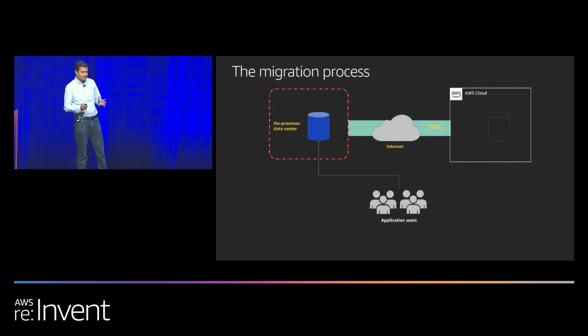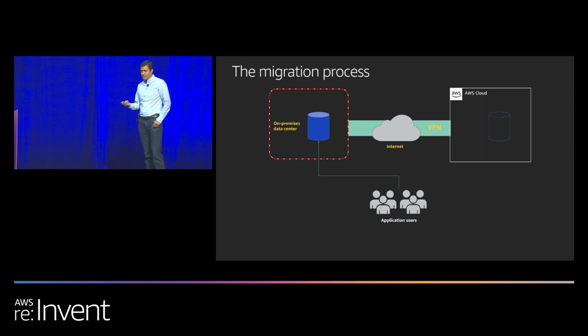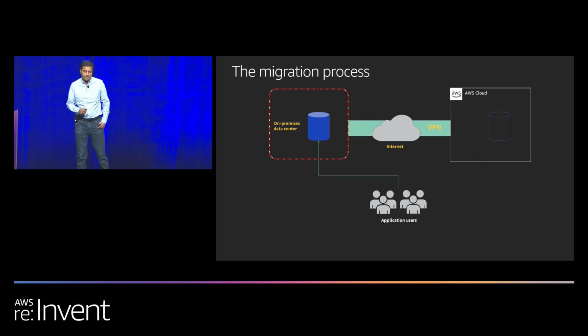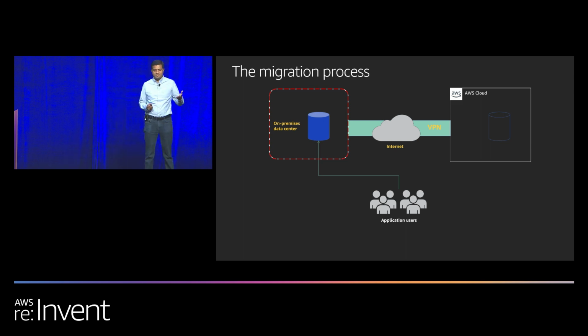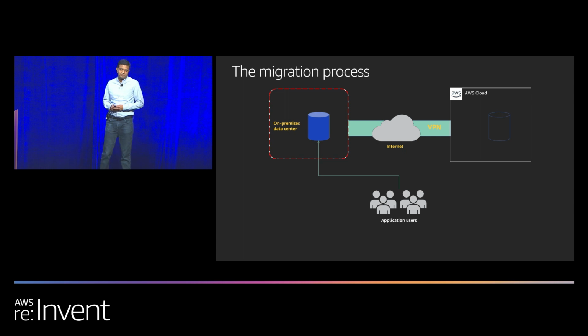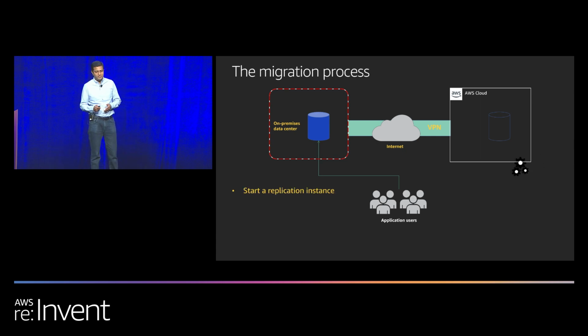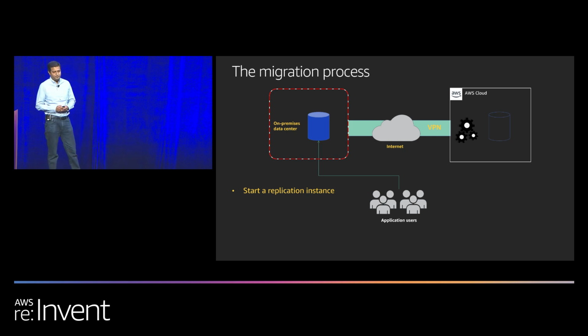So let's take a quick overview of how the migration works and how we are ensuring this near zero downtime. This is a typical customer setup where there is an on-premise data center, and applications are running and accessing data from your on-premise. Now the customer decides to migrate to the AWS cloud, where you create a replication instance and start it inside your AWS account.